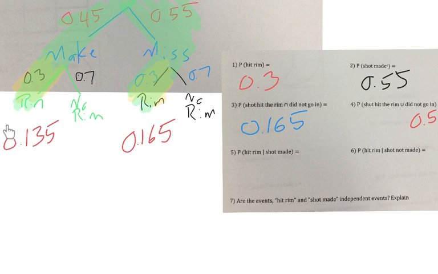This whole branch, 0.135. You see how miss is in the first level? That's why I could use just 55%. But because rim is all the way down here in this bottom level, I'm going to have to multiply 0.45 times 0.3, which is 0.135. And now we're going to add those together. 0.135 plus 0.55, which is 0.685.